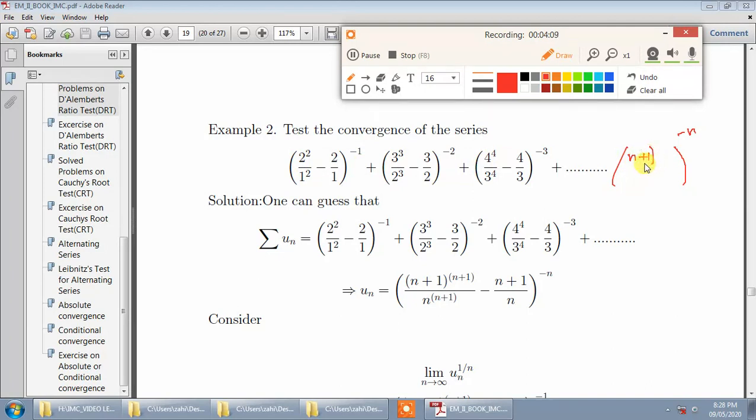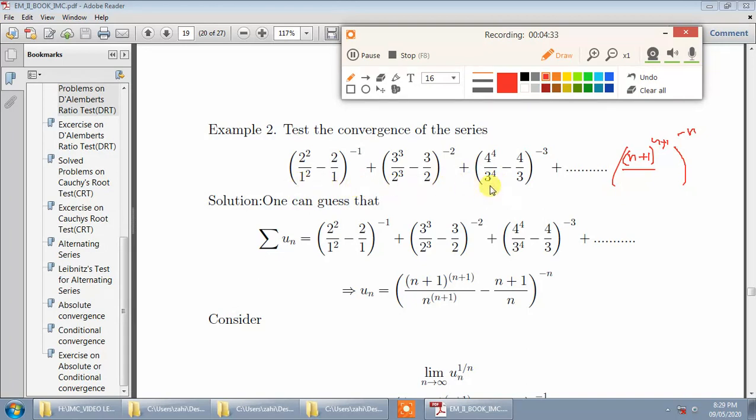So it is n plus 1 raised to something: the first term is 2 square, the second is 3 cube, the third is 4 raised to 4. So here the nth term is n plus 1 raised to n plus 1. And divided by 1 square, 2 cube, 3 raised to 4, and so on.